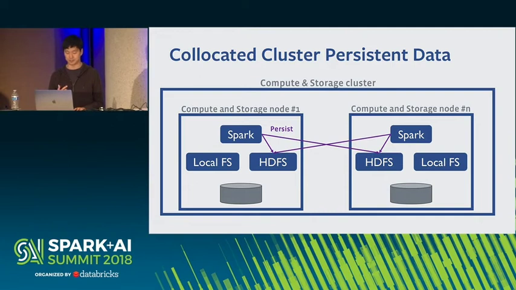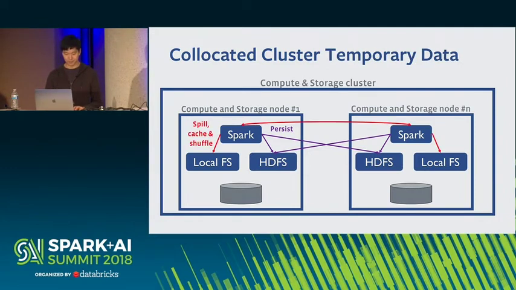You can think of this as something like Hive tables, where Spark will read to start a job and then could write output. But persistent data is not the only data in Spark. Spark actually stores a lot of temporary data, reads, writes, and then deletes a lot of temporary data.